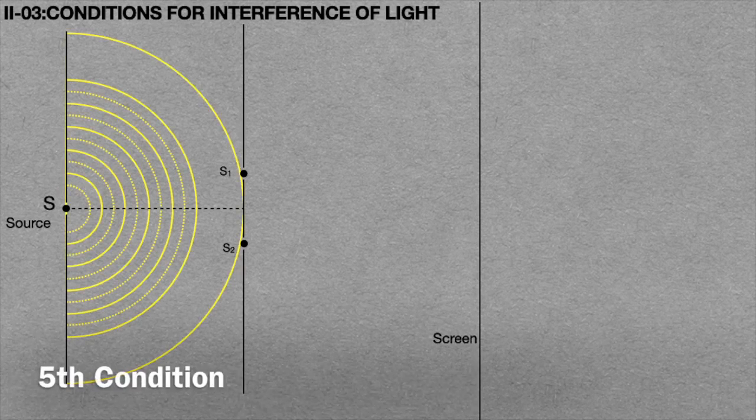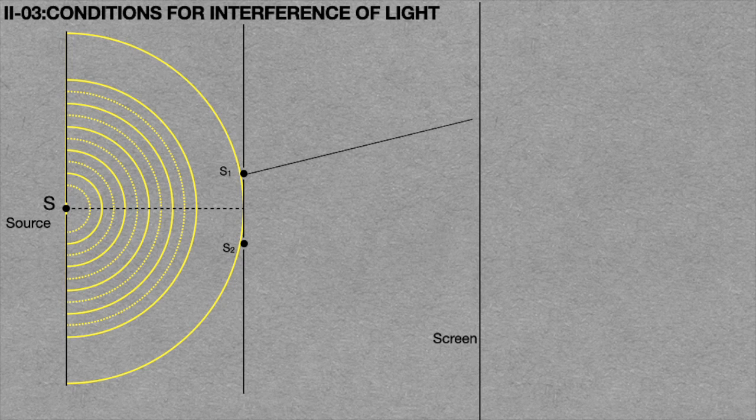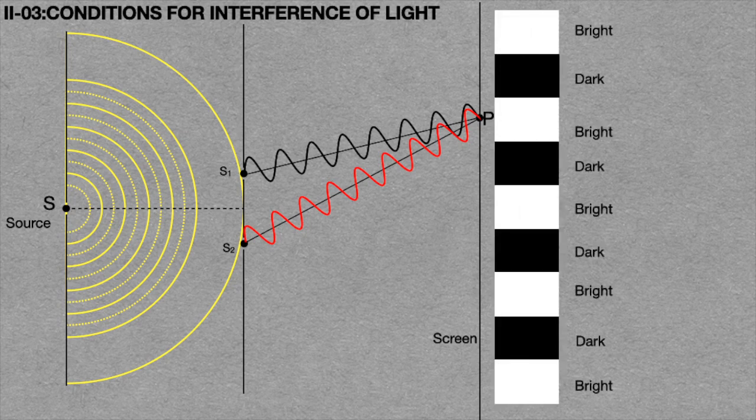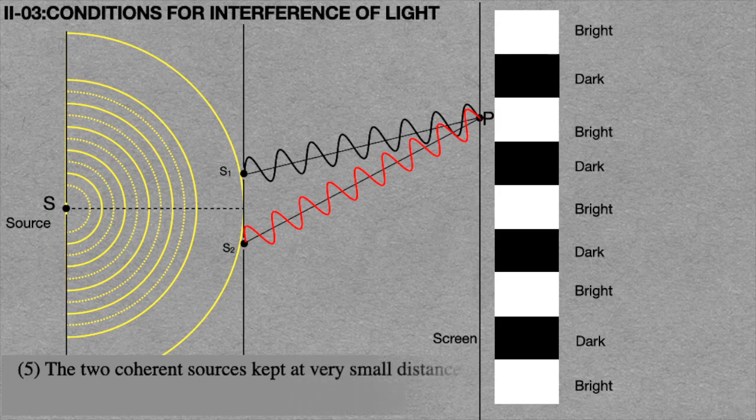Next, the fifth condition was shown in this animation. If the light wave emerging from light source S1 and the light wave emerging from light source S2 form an interference pattern at P, then the two sources should be kept at a very small distance.